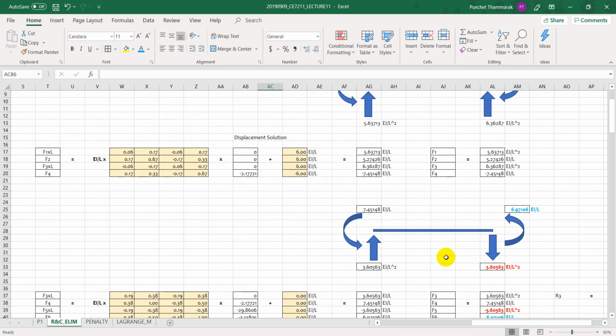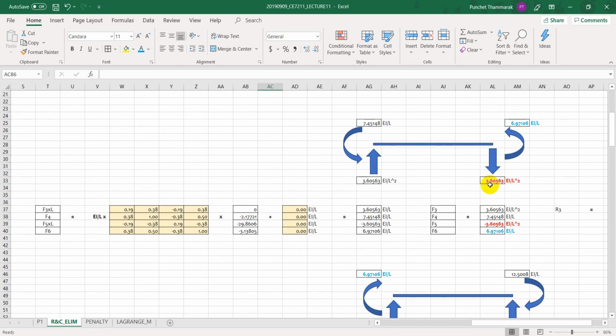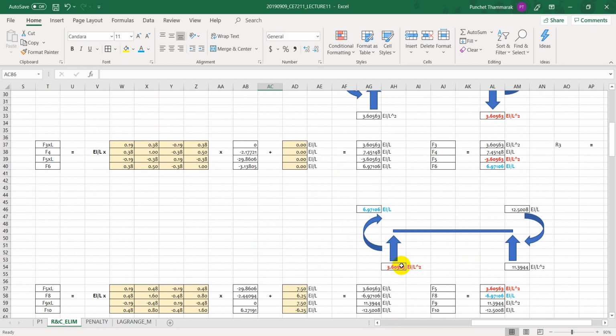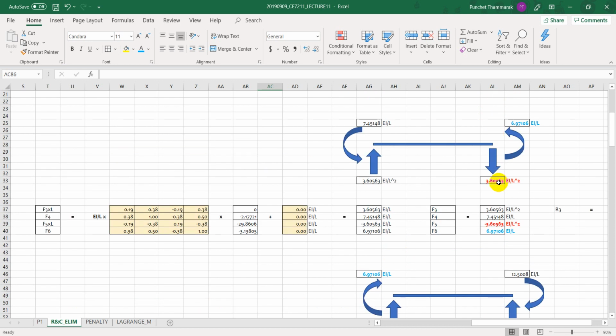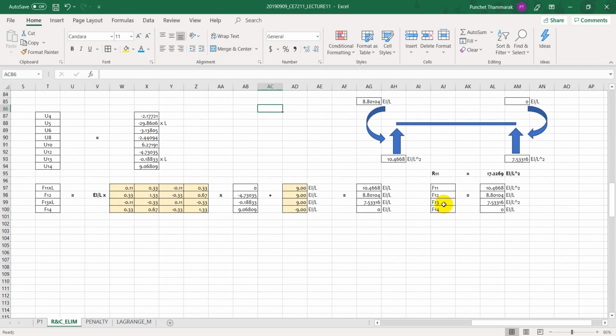You can see this 3.6, but the positive 3.6 is acting on number 3, which is this one. So it is minus 3.6, which is H5 acting. You set up H5 being equal to minus H7 last time.